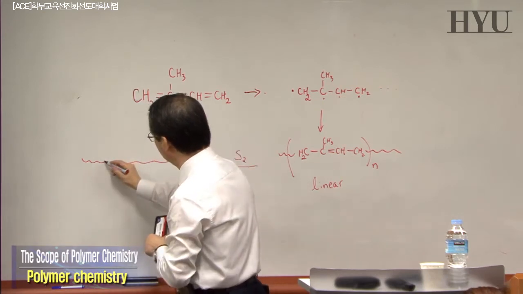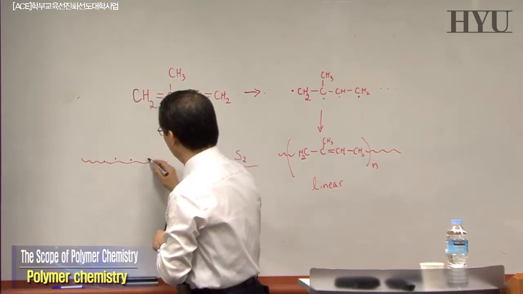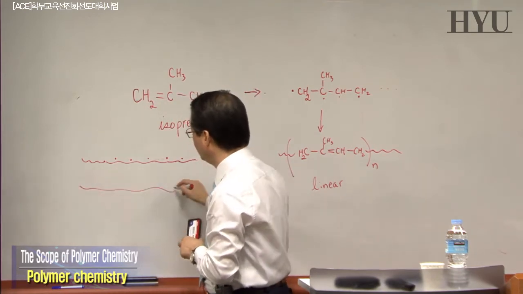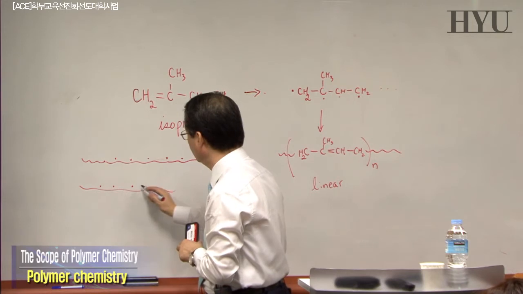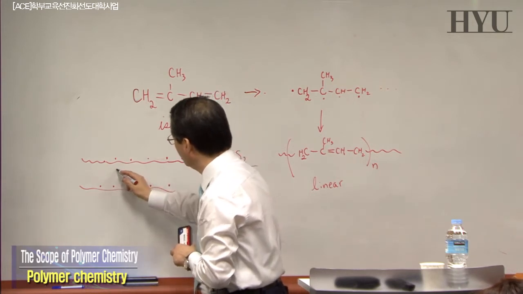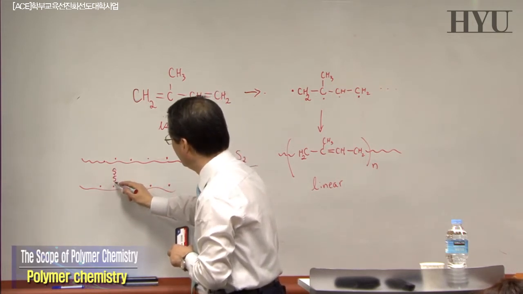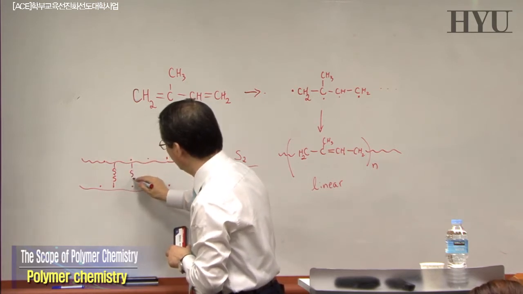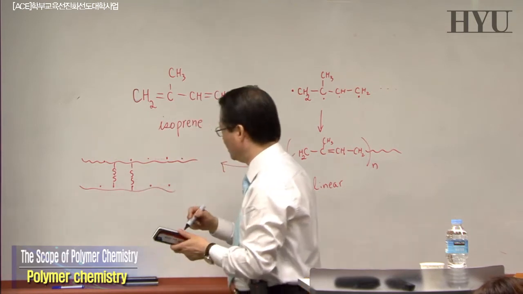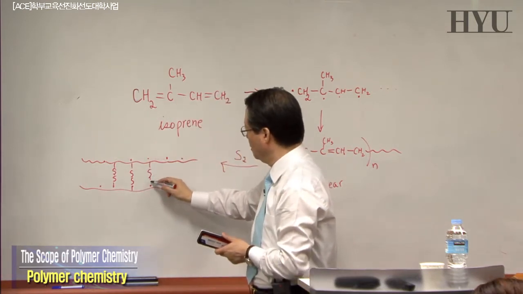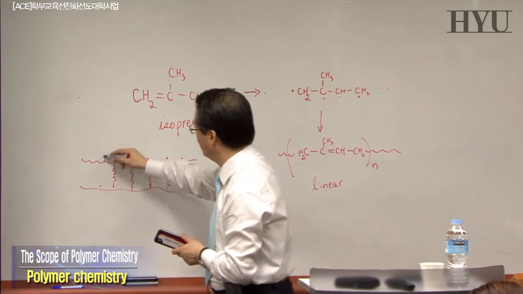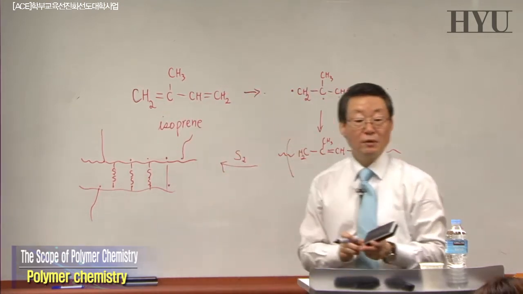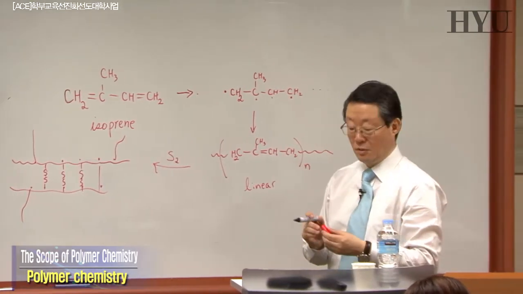In between these long chains, the sulfur linkage can be formed between these two radicals. This way, you can make a cross-linked structure with the rubber.